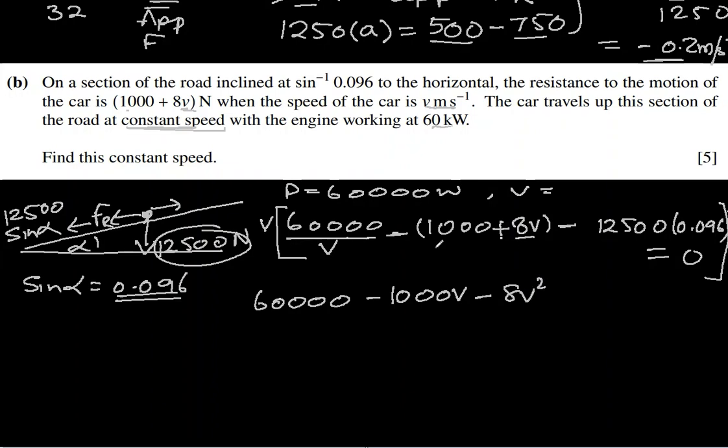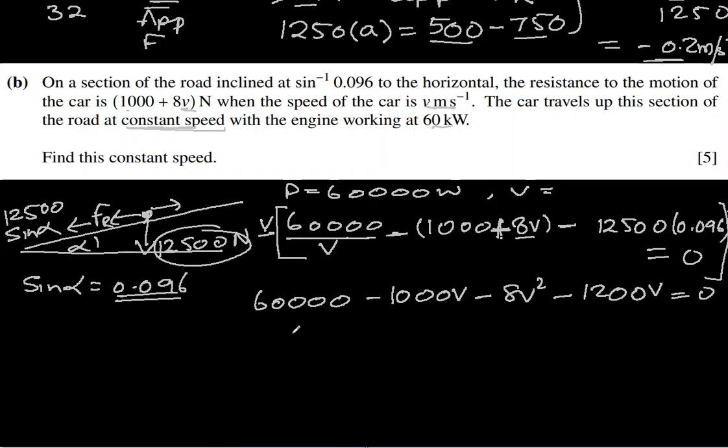When we multiply by v, it multiplies with both parts because they are adding. If they were multiplying, we would multiply only once, but they are adding, so we multiply with both. Minus 1200 times v, because v is multiplying here, together we get 1200v, which is equal to 0.